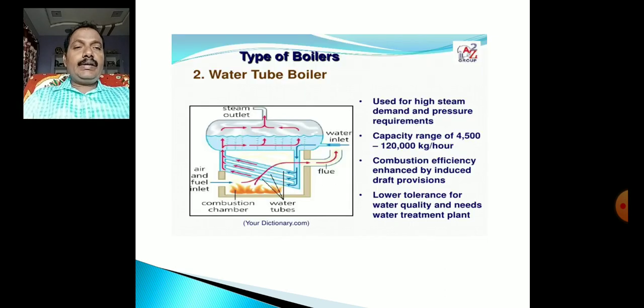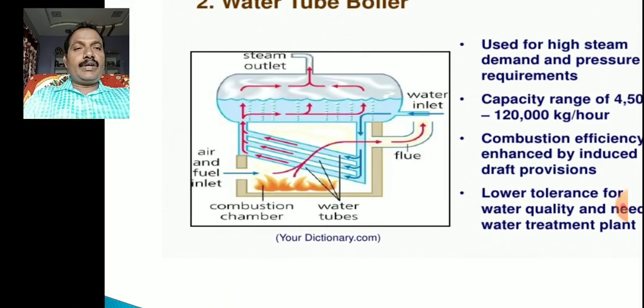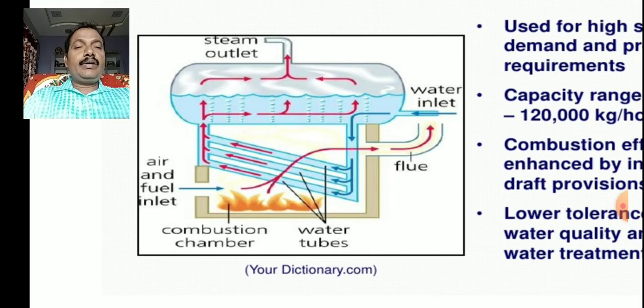So next, let us consider the water tube boiler. So what are the building blocks of the water tube boiler? Let us consider here. This is the water tube boiler available to us now.